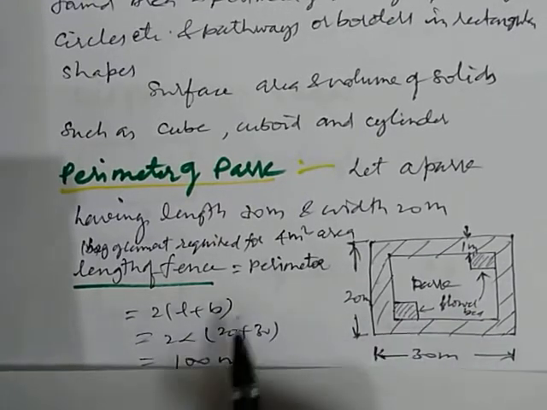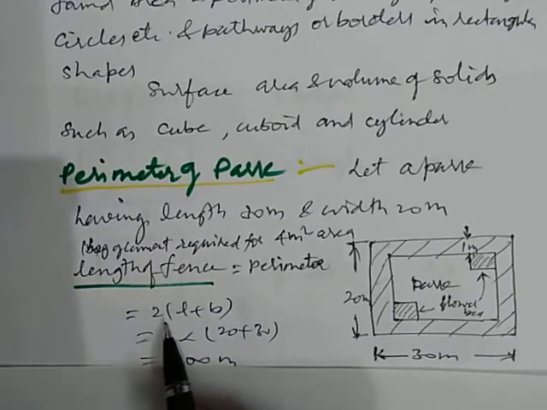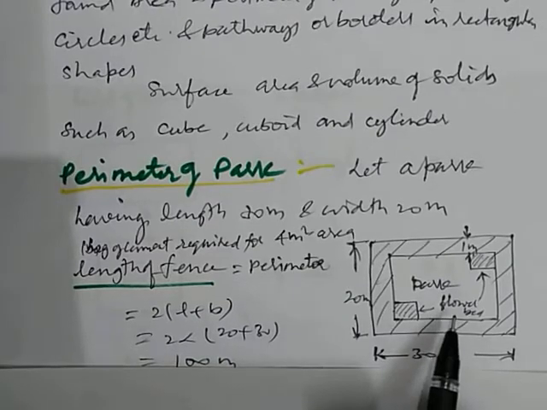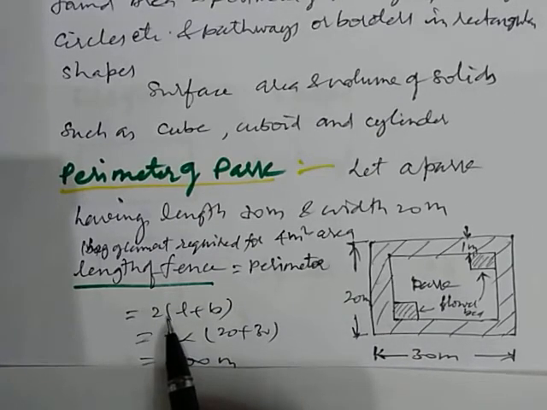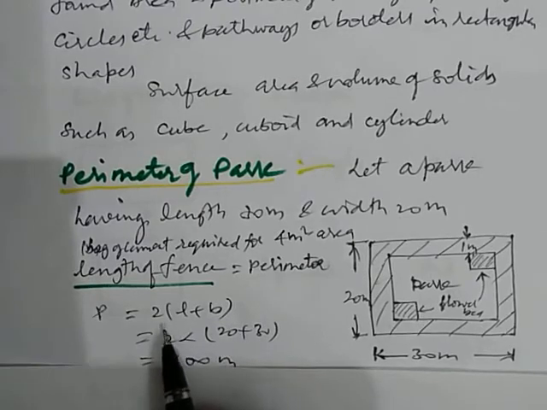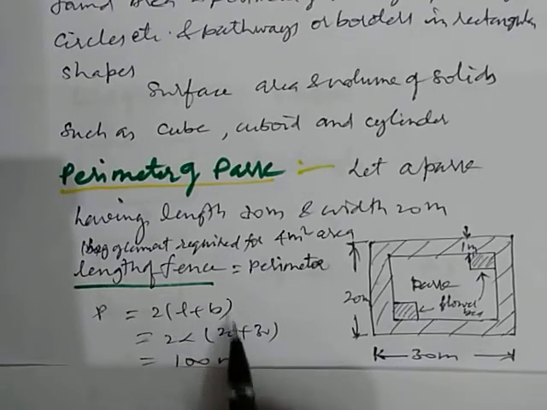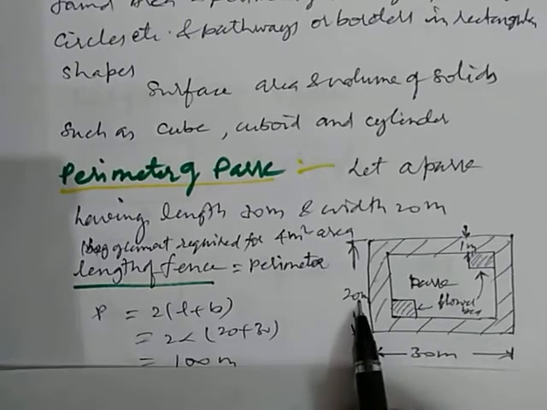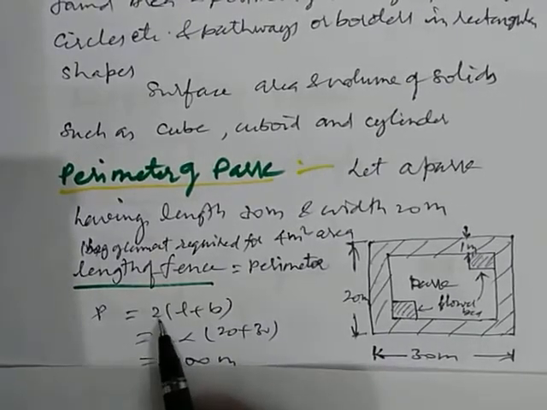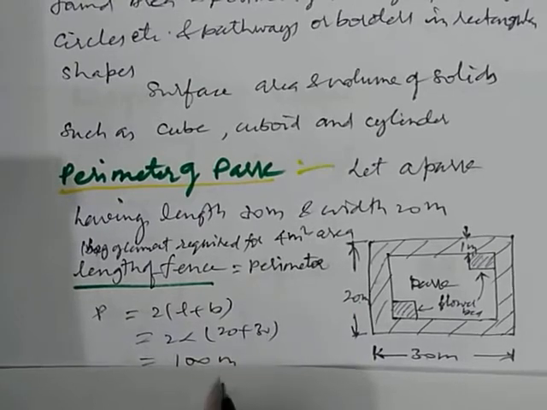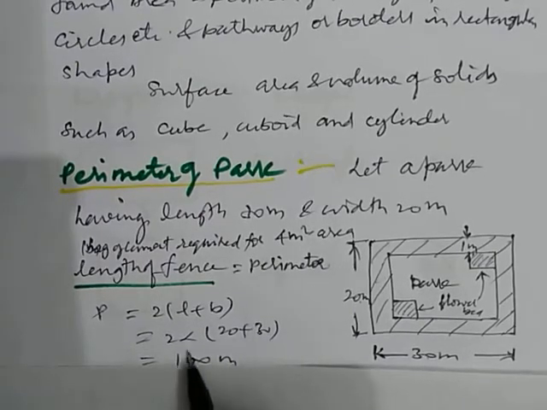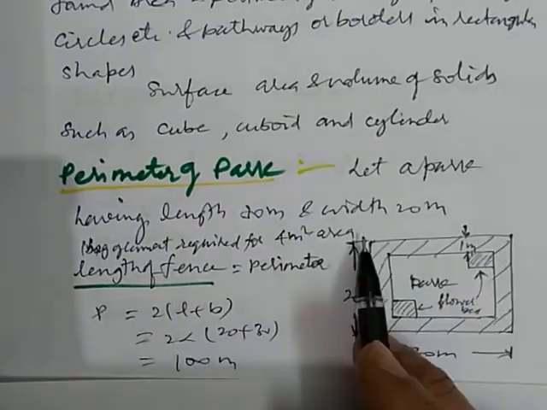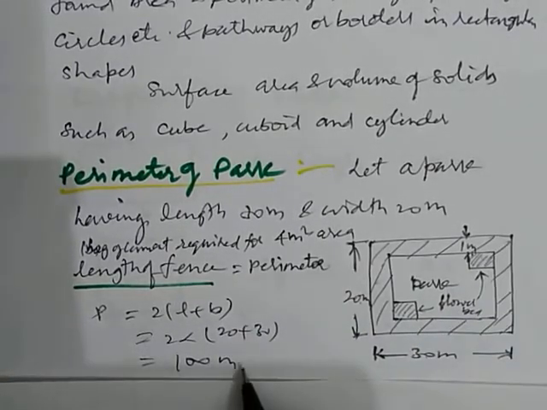You learned in the previous class that the perimeter of a rectangle is given by 2 times (L plus B). Here L is 30 and B is 20. So the perimeter is 2 into (20 plus 30). This is 50, 50 into 2, 100. So the perimeter, that is the length of fence of this park, is 100 meter.